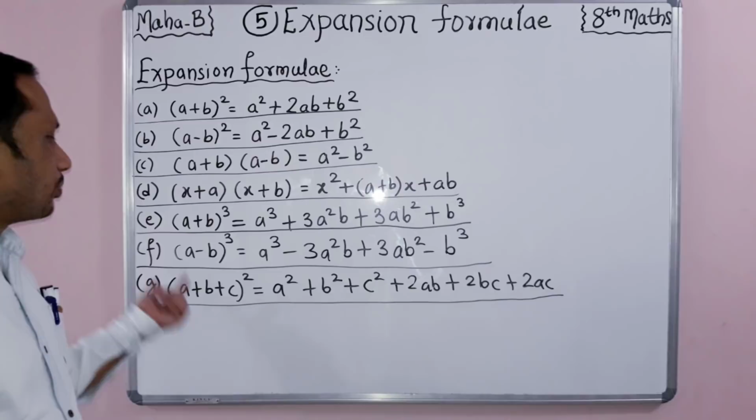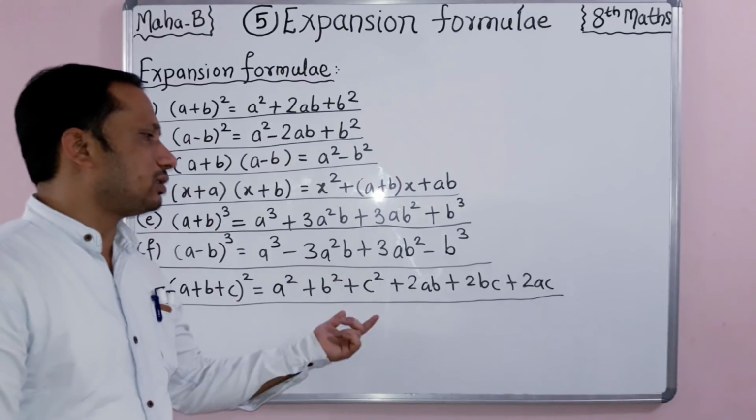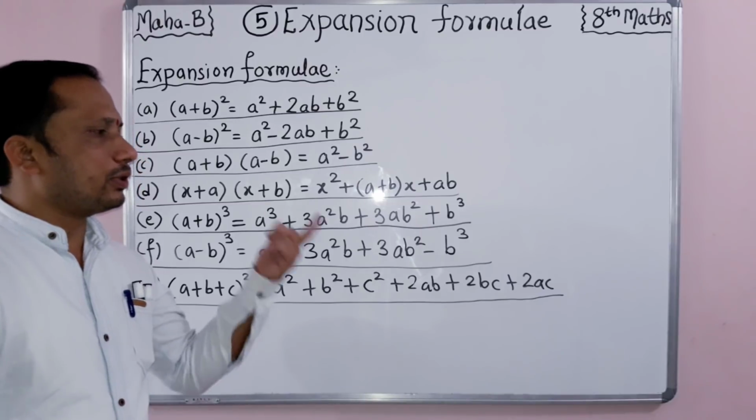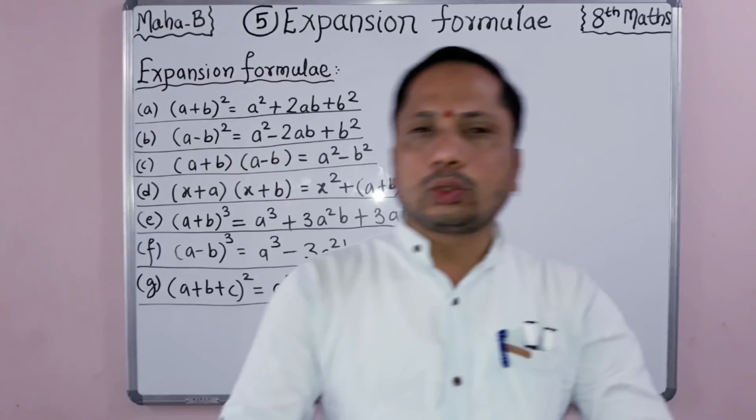And (a plus b plus c) whole square is a square plus b square plus c square plus 2ab plus 2bc plus 2ac. So these are the total 7 formulas.